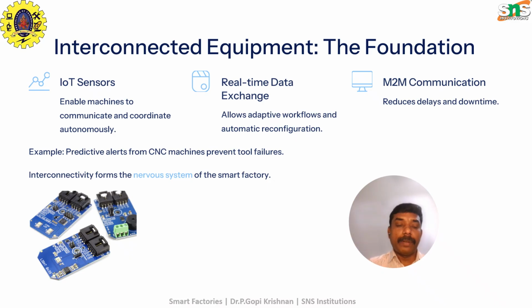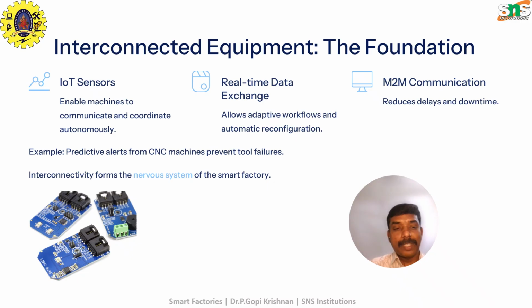An example is a predictive alert from the CNC machines that prevents a tool failure. The tools are used for the manufacturing activity in the computer numerically controlled machines, and with the data arriving from the sensors attached to the CNC machines, we can get the predictive alerts. That is, the predictive maintenance system can be useful only with the integration of IoT sensors. So interconnectivity between the components forms the nervous system of the smart factory.